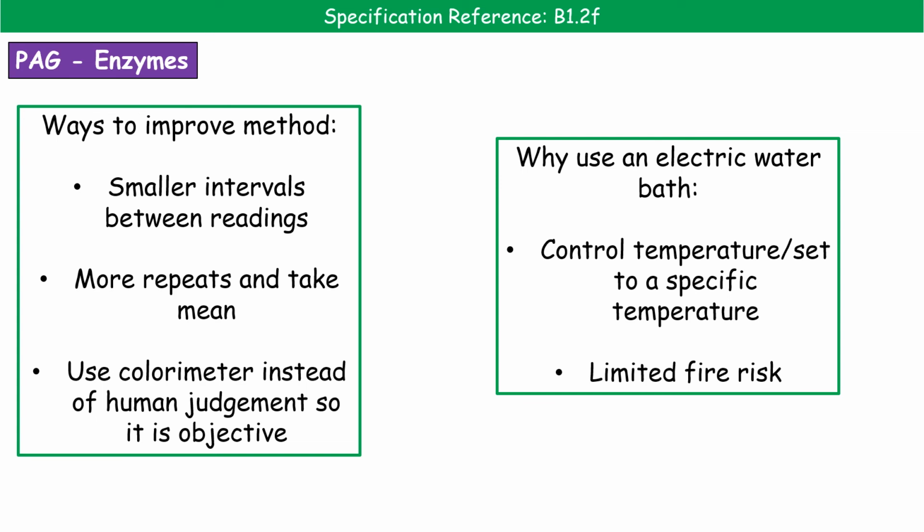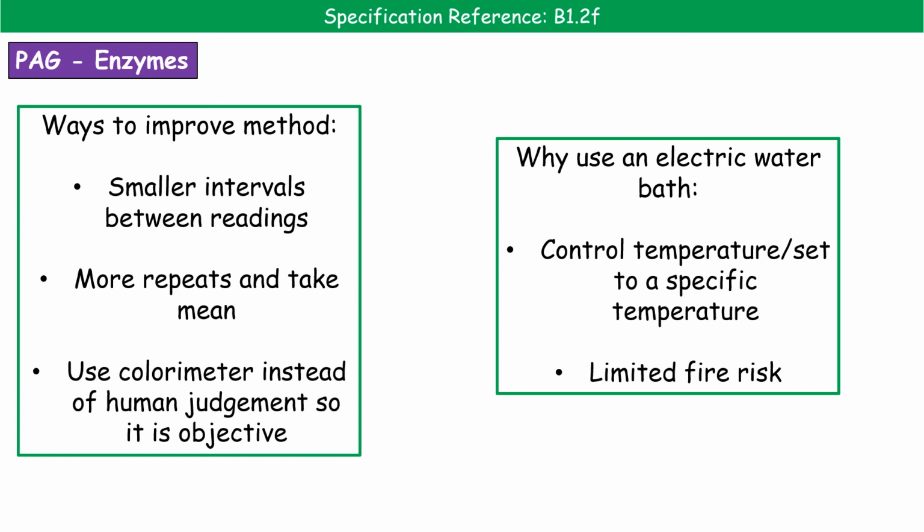Option number 2, do more repeats and take the mean. Please get into the habit of saying do more repeats and take the mean. Take that as one sentence that can't be broken up into 2 sections, because you will find that quite often the mark to get there will have both parts required. Third one is to get rid of human judgment. A lot of the enzyme reactions rely on colour changes, and we are quite rubbish at judging colour changes as human beings.